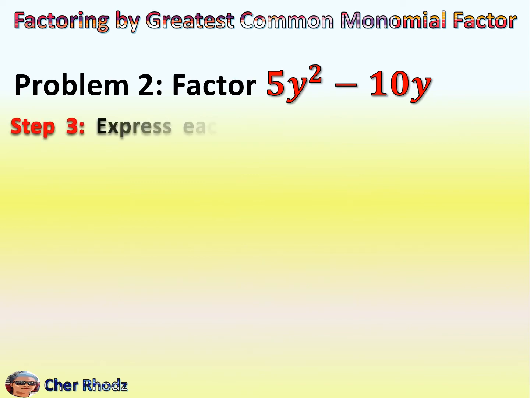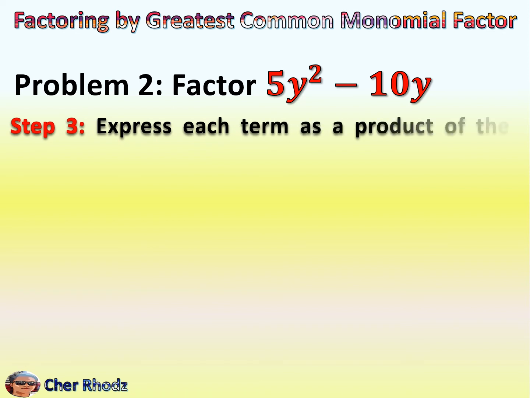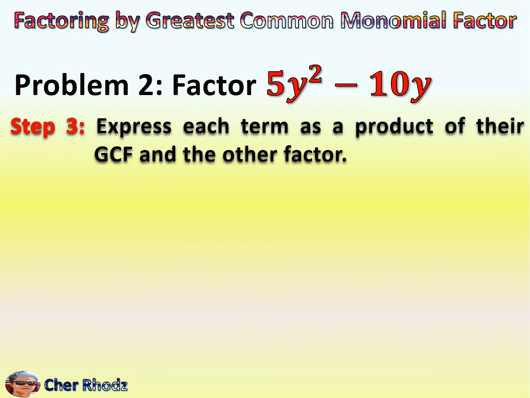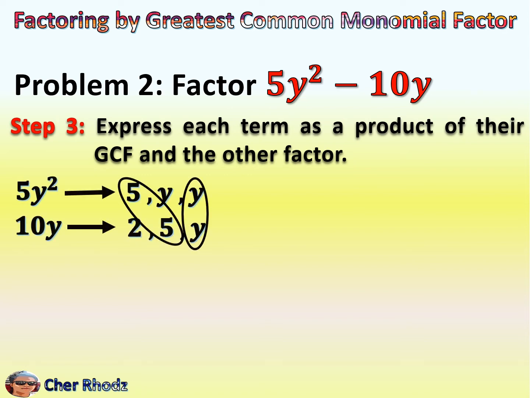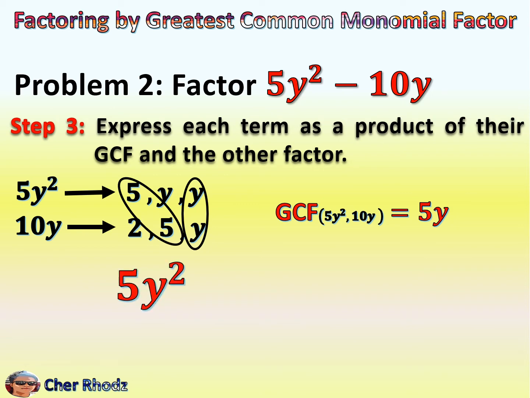Step 3. Express each term as a product of their greatest common factor and the other factor. We now have the result in our step 2, and the GCF is 5y. Now we are ready to write each term as a product of the greatest common factor and the other factor. Let's have first 5y squared.